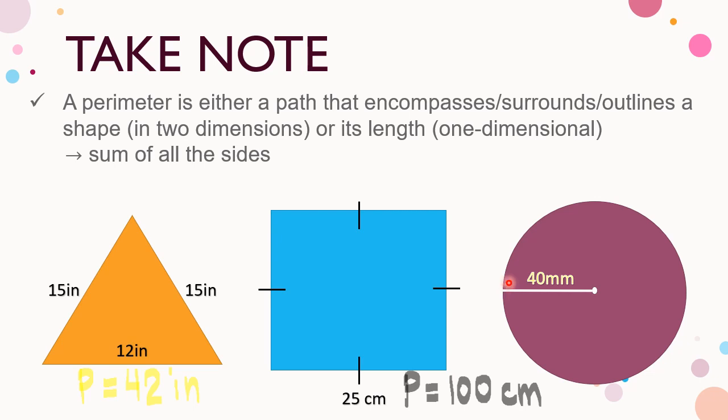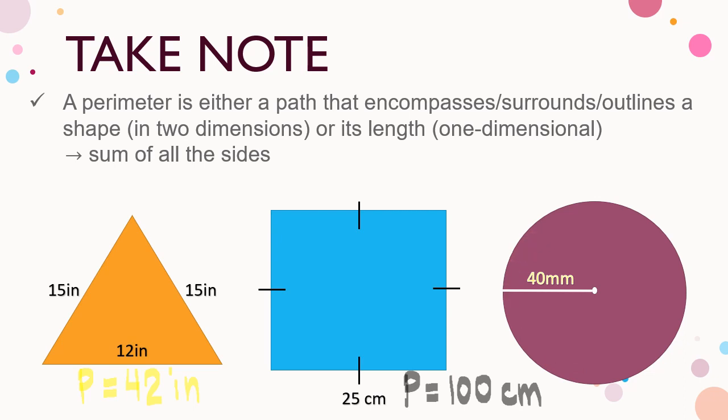But if we look back at the formula of perimeter, the sum of all the sides, we all know that circles don't have a side, and therefore perimeter may not be the proper word for us to use, referring to the outline that surrounds the given circular shape or object.